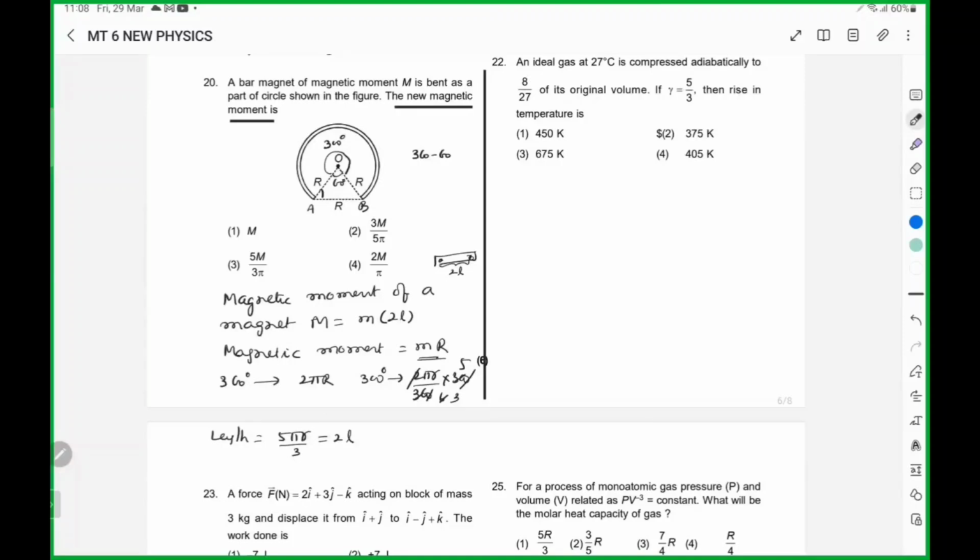Then in place of R, I will write 6L by 5 pi.